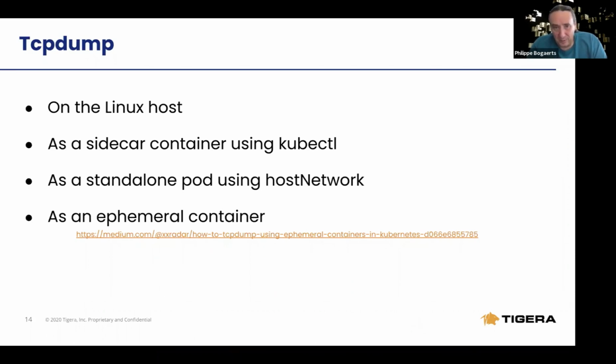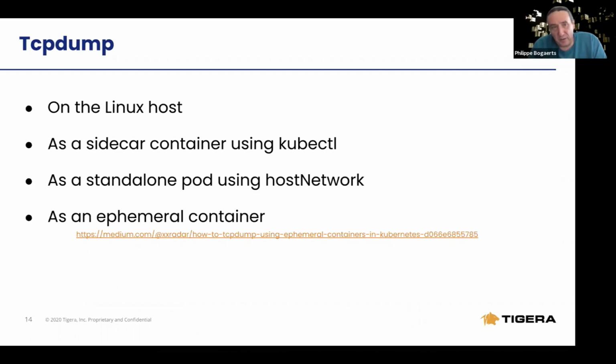There are a few ways to do that. There are some tools which require you to install quite a lot of stuff on Kubernetes and to extend Kubernetes. Of course, you can use Calico Enterprise, as we will see later on. But if you want to do it on the open source version on Linux, there are a few options that will work or show you some information, but not all.